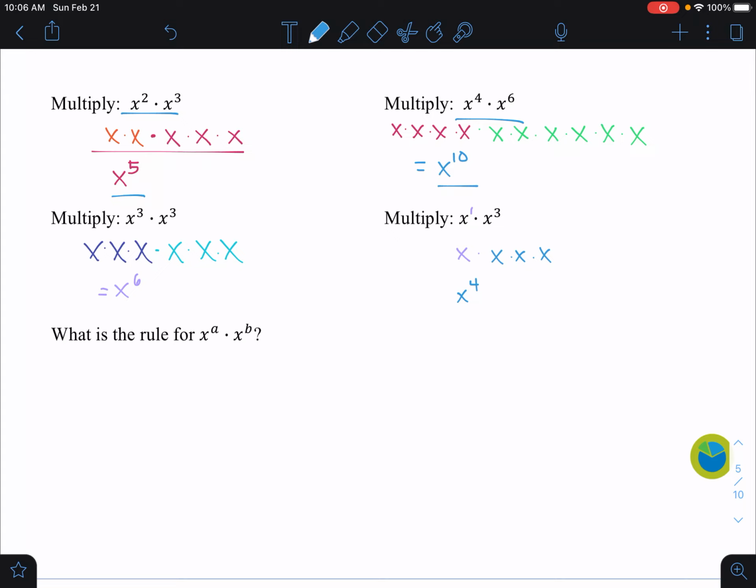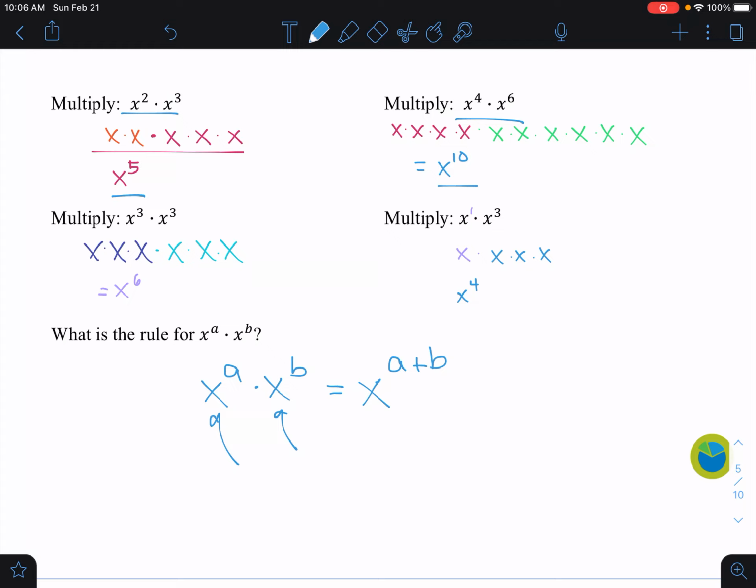As we go down the line, you're probably noticing that generally speaking, if I'm taking two things as long as they have the same base, remember this is the base, a shortcut way of doing this would just be to take that and add the exponents. You'll notice that throughout. X squared times x to the 3rd is x to the 5th, 2 plus 3.